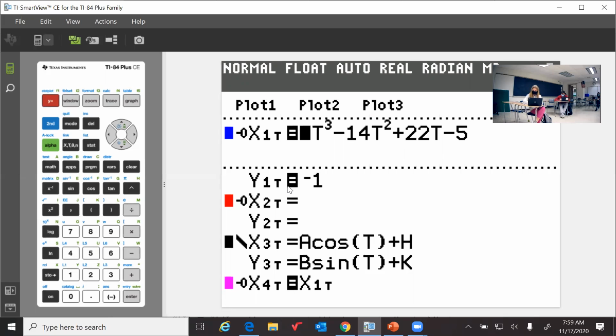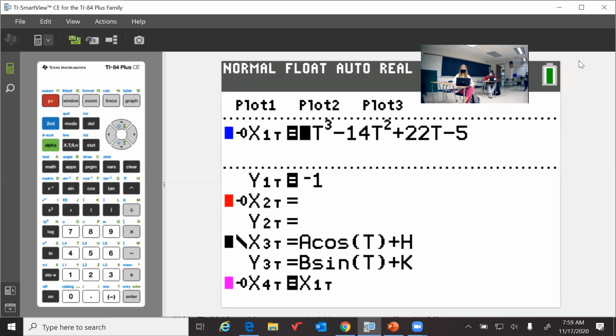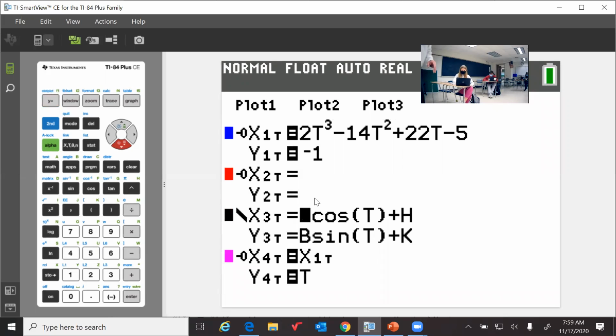And what's in y4, which you should already have in there, is t. So the height is changing as per the time. And that's why it's leaving the path. It's not tracing over itself.